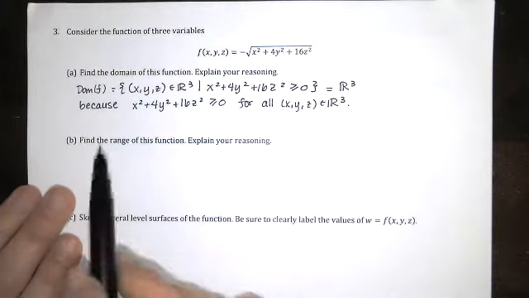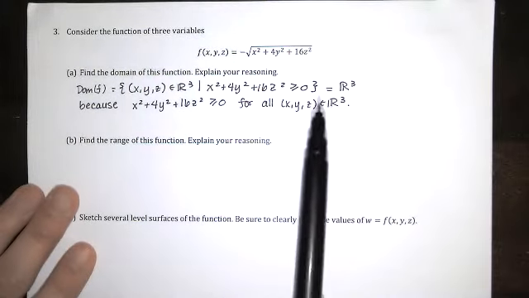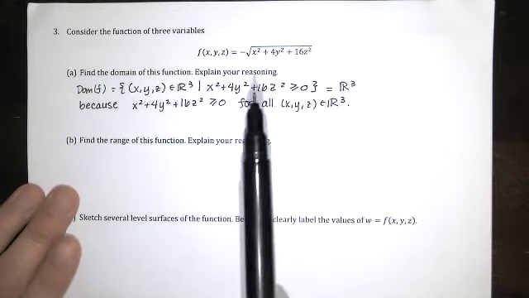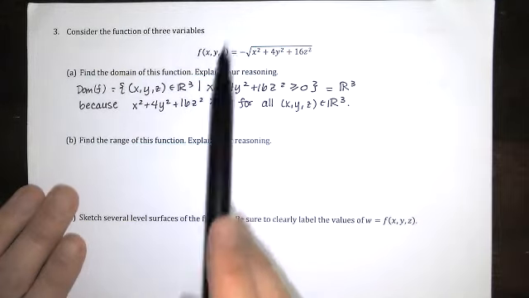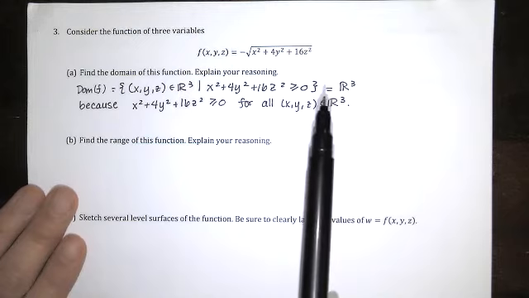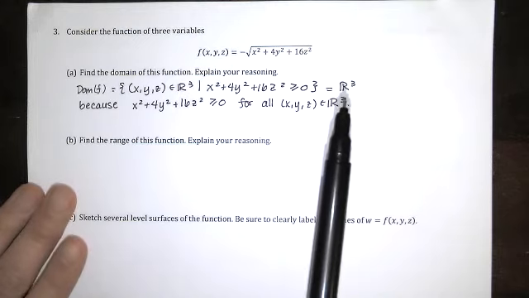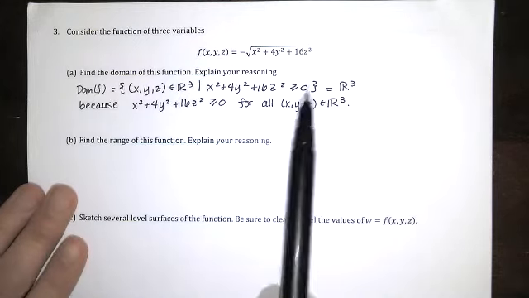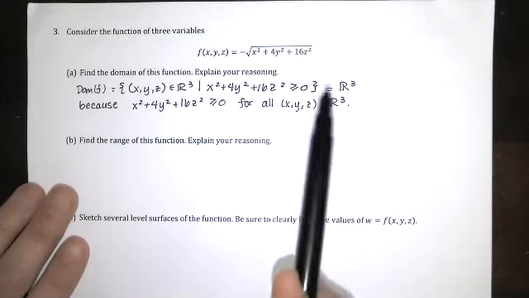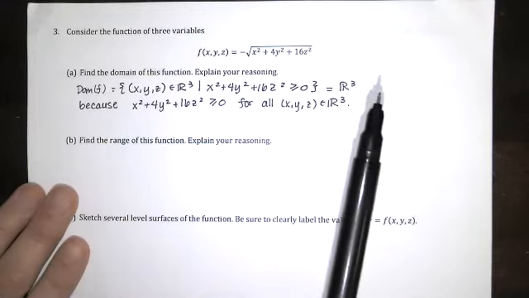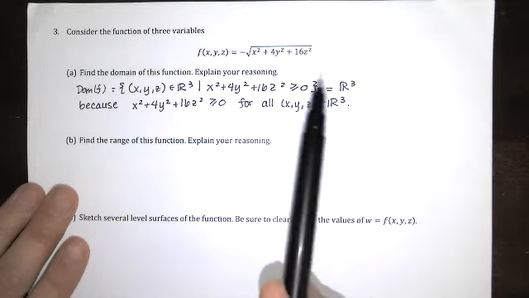Next question says, find the range of this function, explain your reasoning. Well, again, with range, you're just looking for the outermost function. Now this is not something that's always easy to handle, but there are some cases where we can look at the function and find the range pretty easily. This is one of those cases.